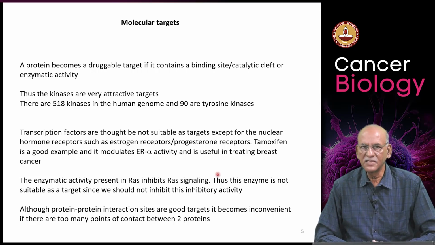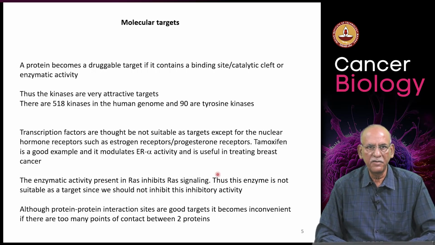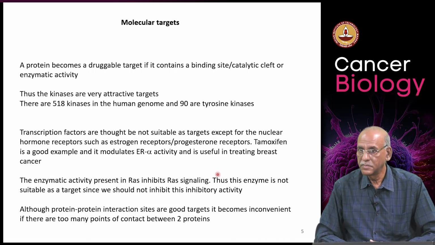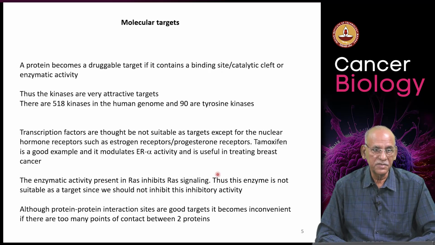Naturally, kinases are very attractive targets. There are about 518 kinases in the human genome, out of which 90 are tyrosine kinases. So, tyrosine kinases are very important targets. Tyrosine kinase inhibitors form an important class.